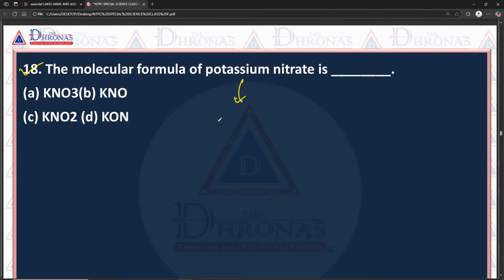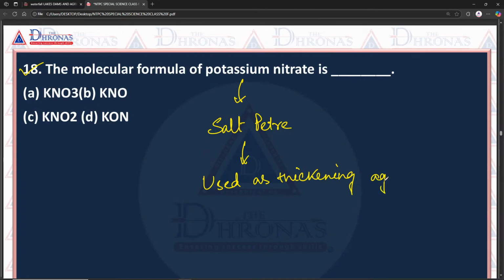Potassium nitrate is also commonly known as saltpeter and used as a thickening agent in soap. करेक्ट, KNO3, पोटेशियम नाइट्रेट का फॉर्मूला है KNO3. It is also known as saltpeter and used as a thickening agent in the soap industry.